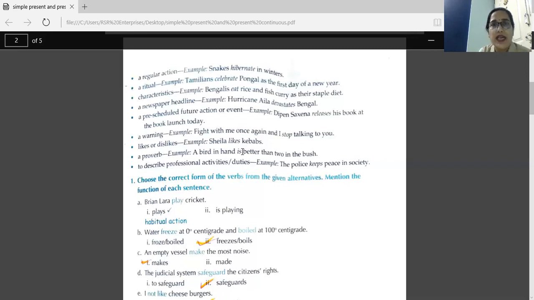Otherwise, it is known as auxiliary verb or helping verb. Is, am, are, these are present words. They are known as helping verbs or auxiliary verbs. Why? Because with them we use main verbs. And here it is used as main verb. And this is simple present tense.